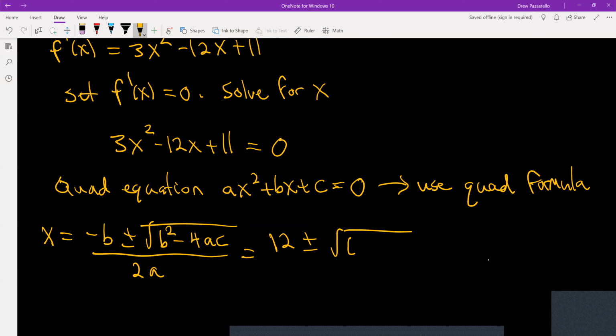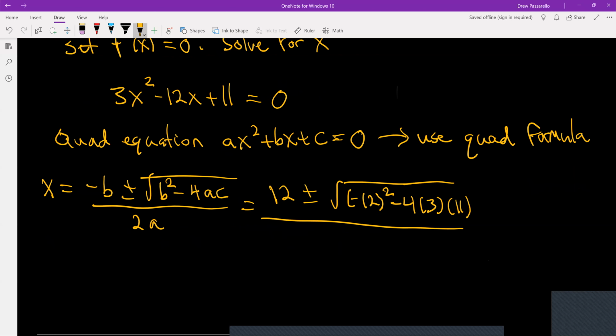Well, that's -12 squared, and make sure you have the parentheses, because without the parentheses this becomes negative, whereas with the parentheses it's positive 144. And then -4 times AC, so that'd be -4 times 3 times 11. All of that's divided by 2 times A, so that's 2 times 3.